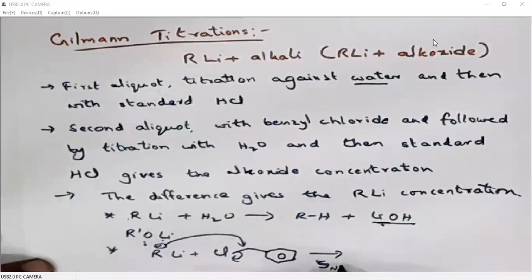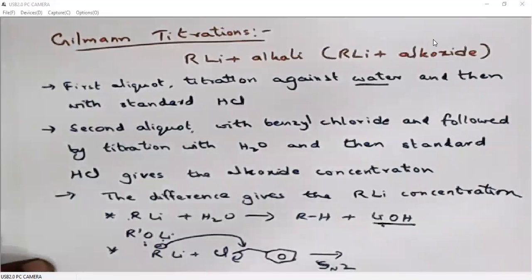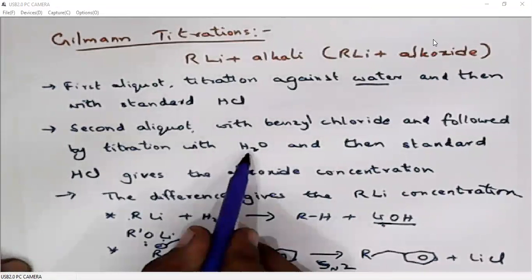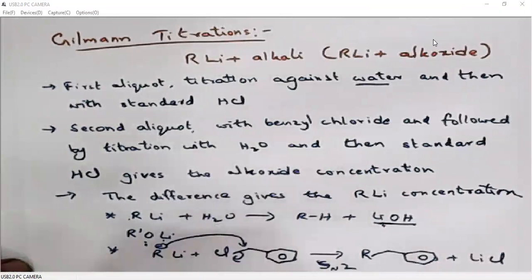Generally, they'll undergo SN2 reactions and it generates the alkylated product plus lithium chloride. Lithium chloride is a salt and we follow the same procedure then. First, we will treat it with some benzyl chloride and then we follow the same titration. First titration with water and then with the standard HCl.